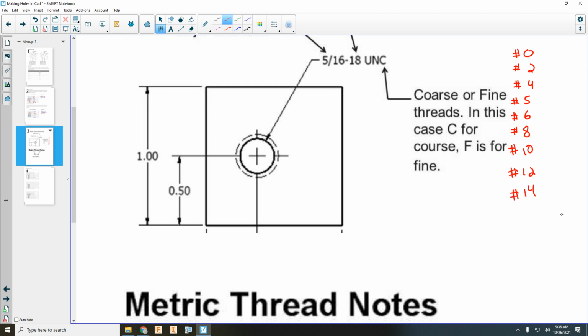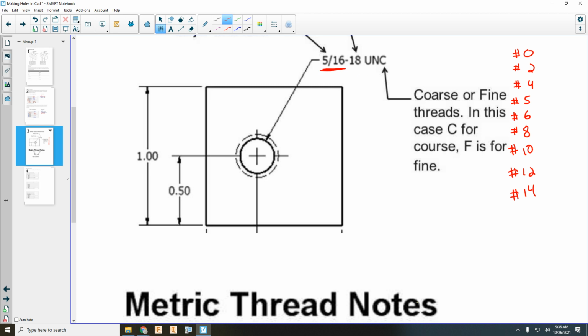I think once you get up to 14 might even be a 1/4 inch diameter. So that might be where that numbering system comes from. But you will see a screw designation with a number if it's smaller than a 1/4 inch. If it's bigger than a 1/4 inch, what we see here is the fraction. So this is a 5/16 diameter.